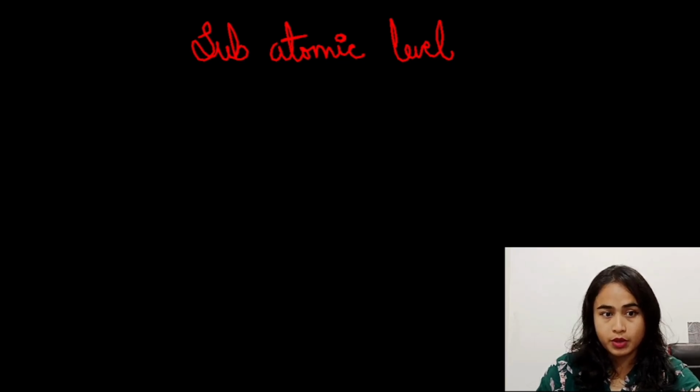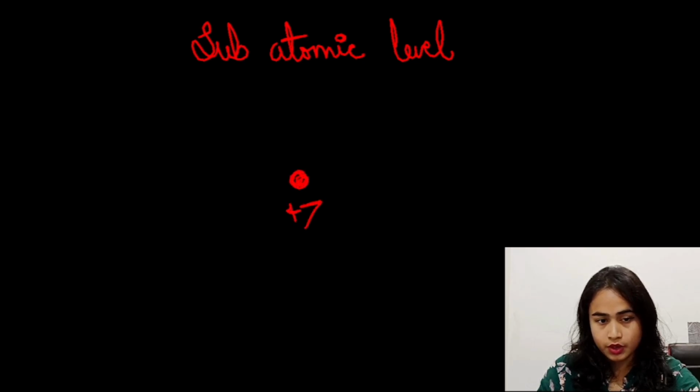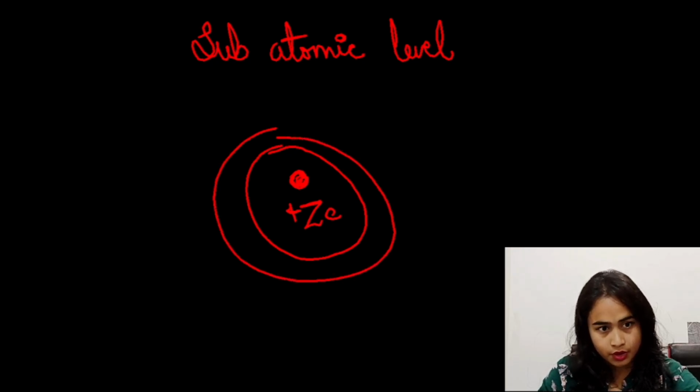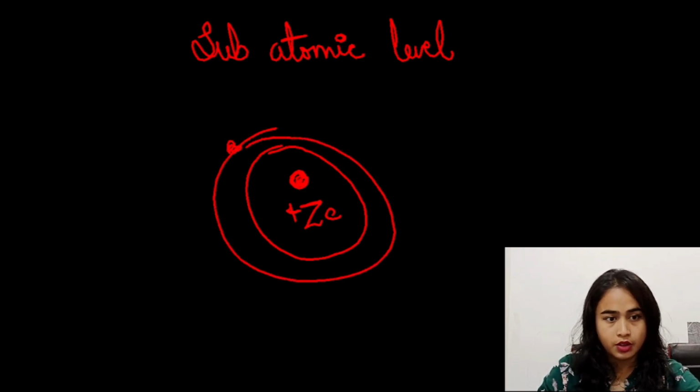So at the subatomic level, as we know, you have a nucleus, and then you have an electron revolving around it in a circular orbit. So this is your electron.